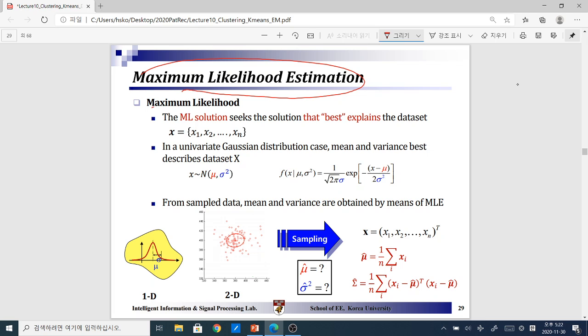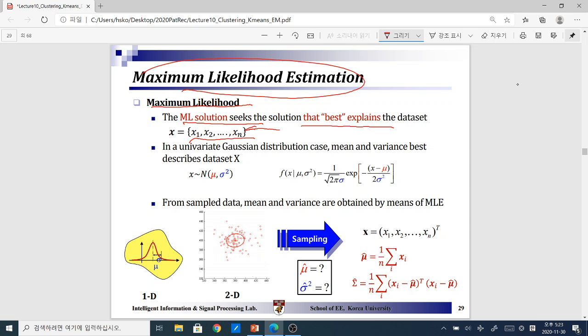What that actually means is that the maximum likelihood solution seeks the solution that best explains the data set. In other words, what is the solution that best explains the data set? These are the samples that are generated.